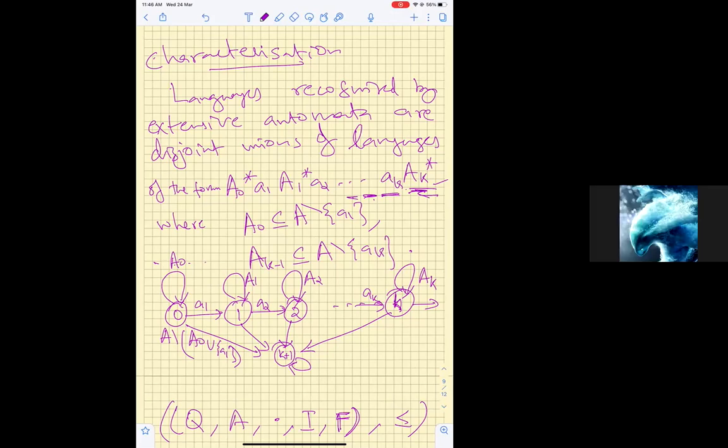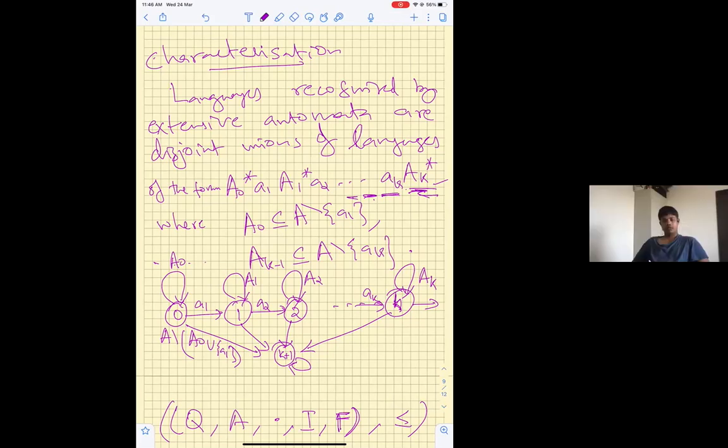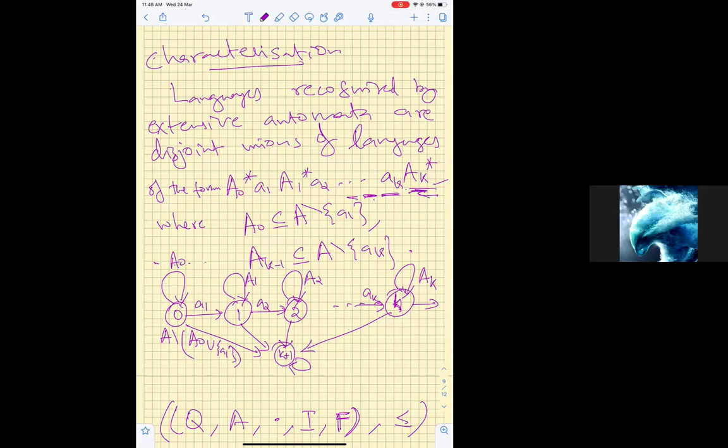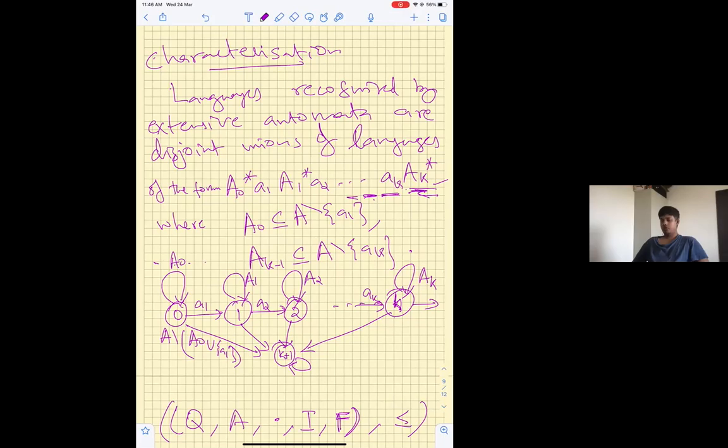If a language is recognized by an extensive automaton, is the reverse of that language also recognized by an extensive automaton? The reverse of the language need not be.